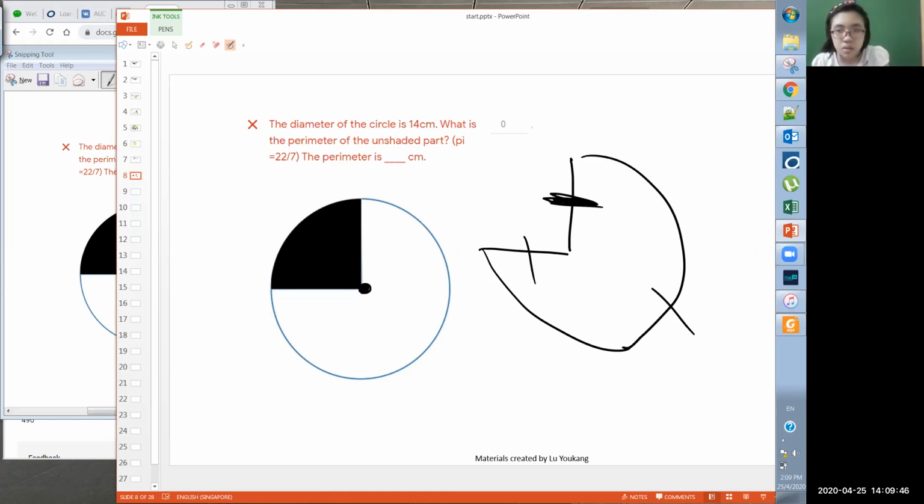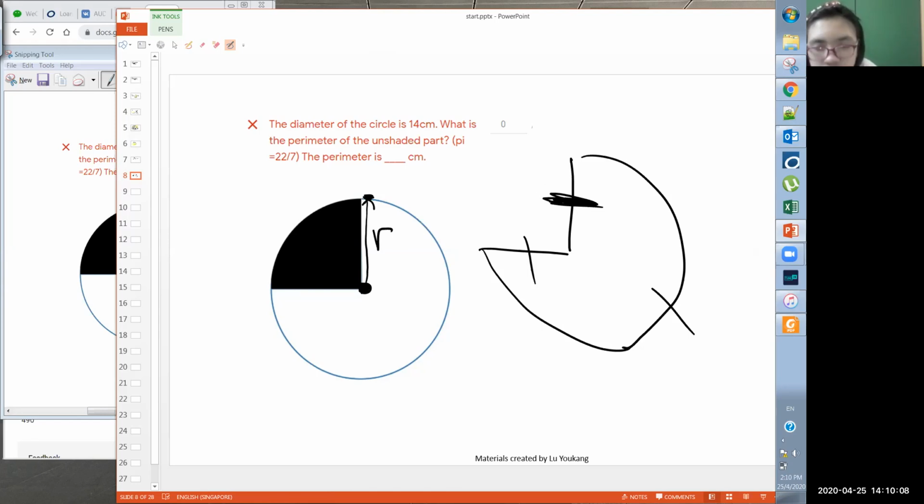Okay, very good. So this is the center of the circle. So I go up and touch the perimeter. So center to the perimeter, this is the radius. Very good. Then here.